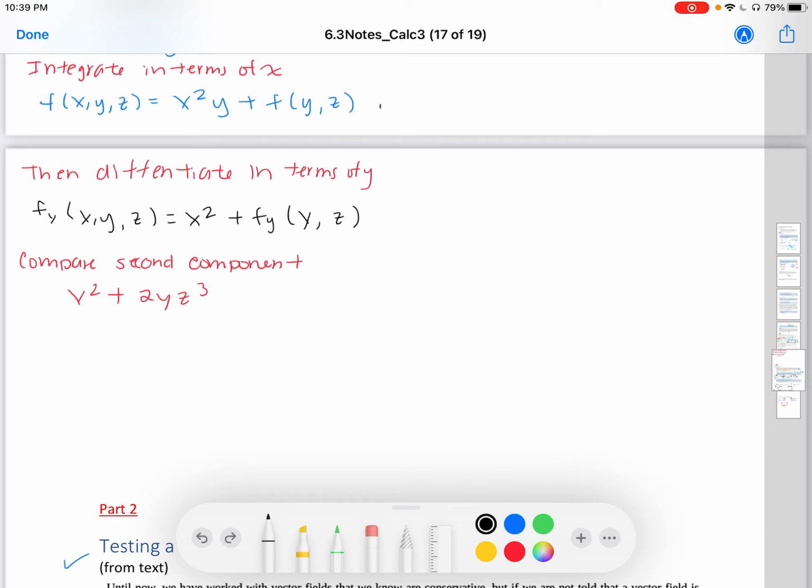So here we have x squared y plus, I'm sorry, comparing this here.